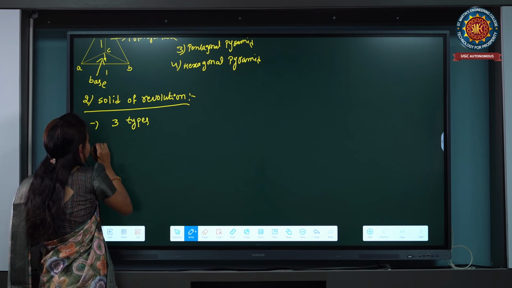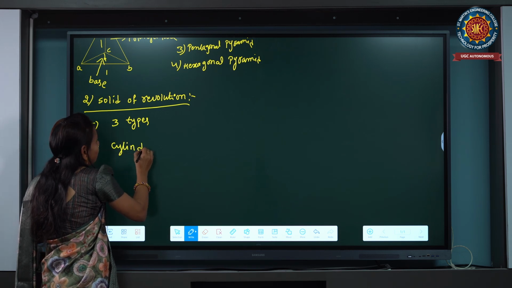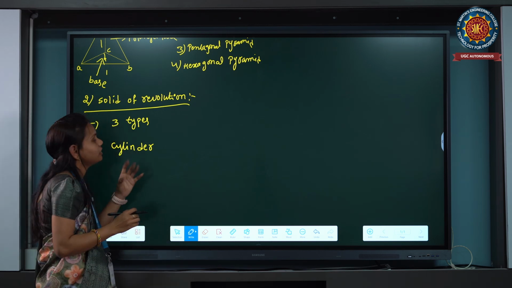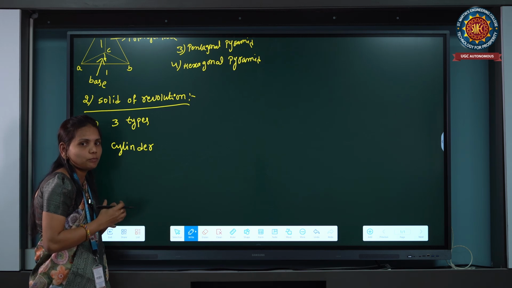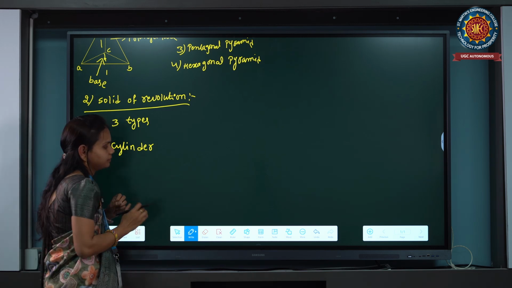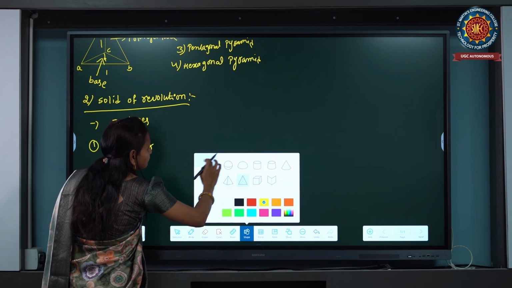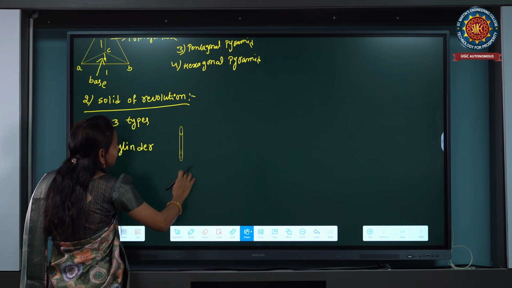The first one is the cylinder. What is a cylinder? A cylinder is a solid of revolution obtained by revolving a rectangular face about one of its sides fixed. For example, I am taking a cylinder here. So this is the cylinder.